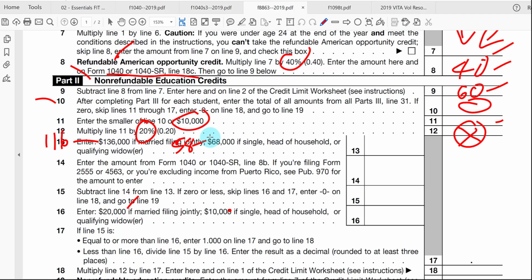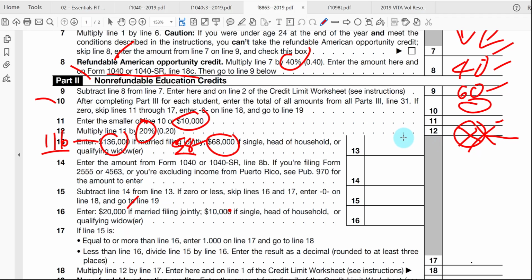So if your AGI is below 116 for married filing joint and below 58 for the other filing statuses, you get to use all of this credit. None of it is phased out. But if you go over 136 married filing joint or over 68,000 for all the other filing statuses, you get to use none of this credit.